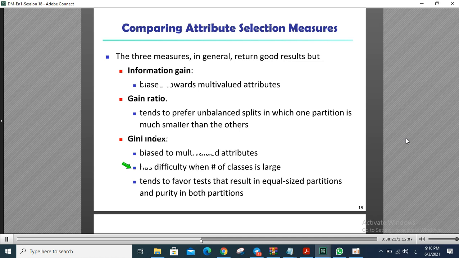The third measure was Gini index. Again, this measure is biased toward multi-valued attributes and its calculation is hard when we have too many classes in my data set. But it's interesting that Gini index tends to use equal size partitions.